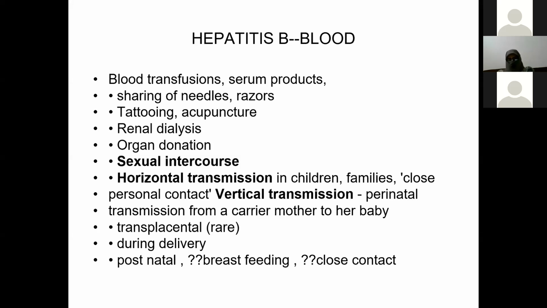Then the horizontal transmission is when the mother is infected and she's taking care of the child by breastfeeding, or the child is very small, so by little breaches in the mucosa, in the skin, the serum is transmitted to those children, so that is called horizontal transmission or close personal contact transmission.